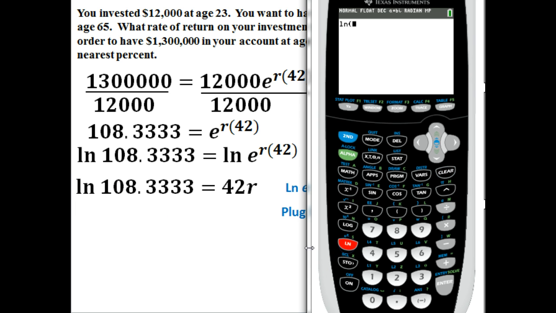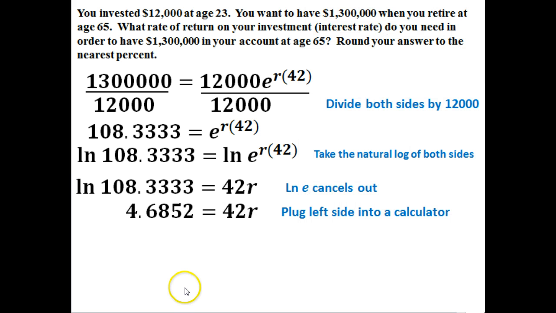I'm going to go natural log, and then I just type in 108.333. Remember to use your close parentheses. So I do that here. I've got 4.68520, and again, I try to avoid rounding until the very, very end. So I'm going to plug that in here: 4.6852 equals 42R.